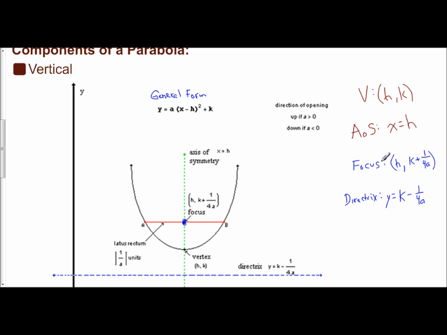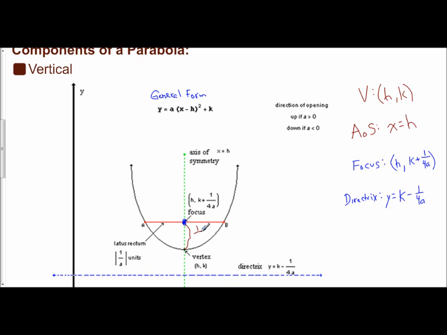And so these two, if we were to take a look, they do look very similar. You have a k plus 1 over 4a and you have a k minus 1 over 4a. And if we take a look at the distance from the vertex to your focus, you're only going up, so it's only changing the k value, and you're changing the k value by adding 1 over 4a.